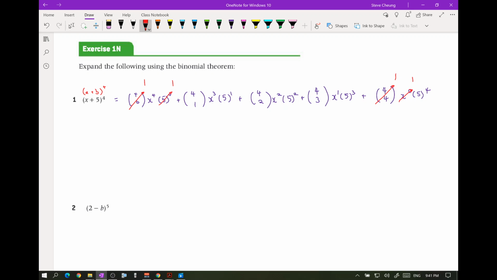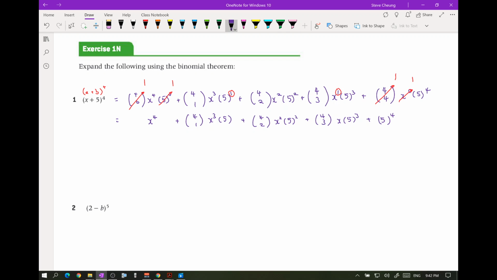And then we also have some of these here where we don't have to write down the exponents. So I could just simplify, right in the beginning, and write it like this: x to the power 4 plus 4 choose 1, x to the power 3 times 5, plus 4 choose 2, x squared 5 squared, plus 4 choose 3, x 5 cubed, plus 5 to the power 4.